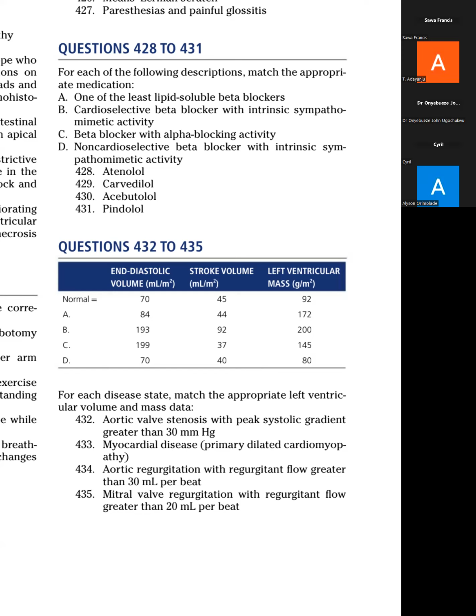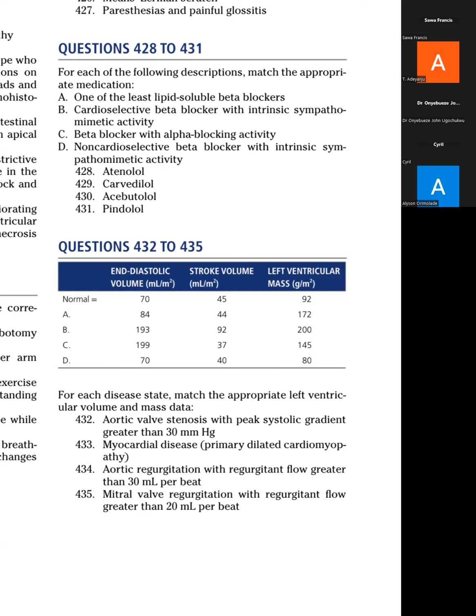That's 433 now. Now 434. In 434, we have aortic regurgitation with regurgitant flow greater than 30 ml per beat.